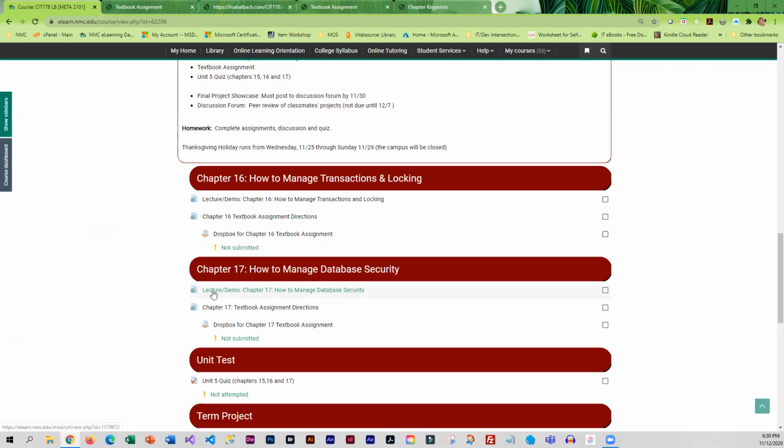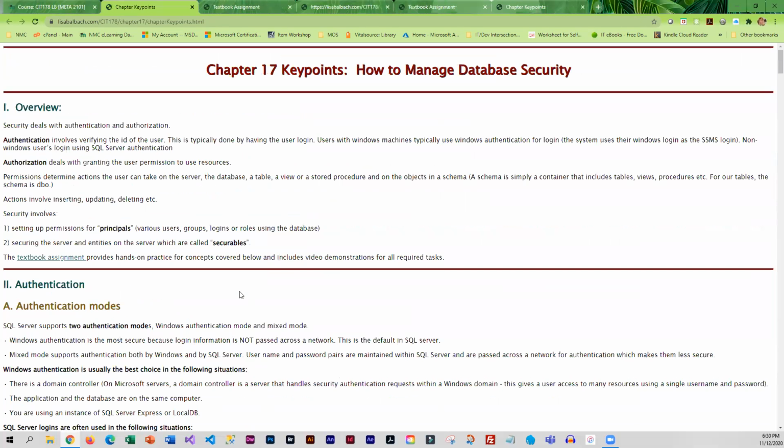Then we have chapter 17, which deals with database security. So we get into the difference between authentication and authorization. And we talk about the different ways that you can authenticate using SQL Server.